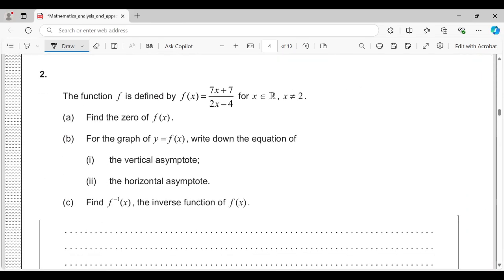The function f is defined by f(x) equals 7x plus 7 over 2x minus 4. Find the zero of f(x).